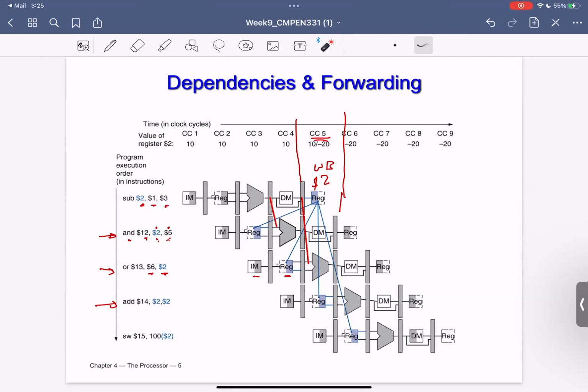Let's trace whatever we have earlier again here from another perspective. So again, I'm using register number 2. So basically, I'm passing register number 2 to that particular ALU. Okay, that's fine. When register number 2 is updated, it is updated here.